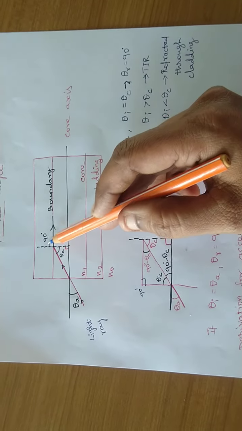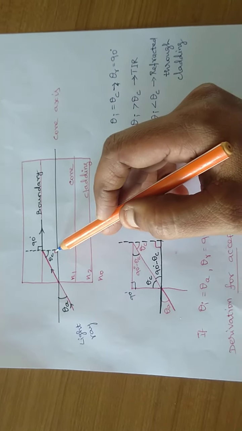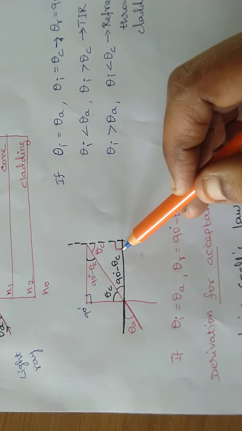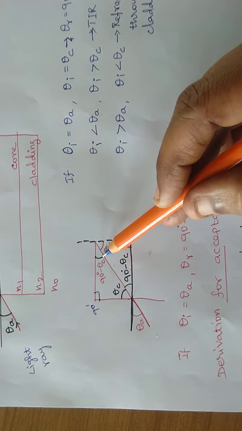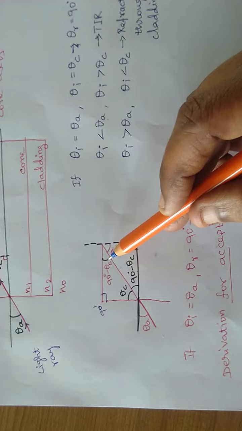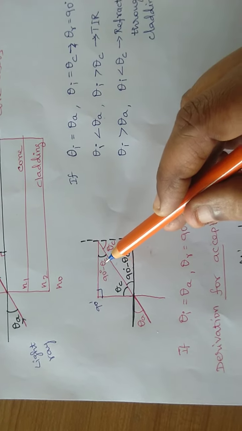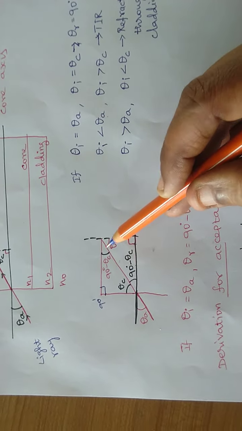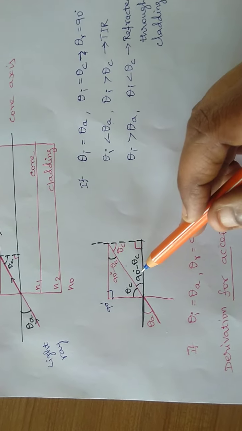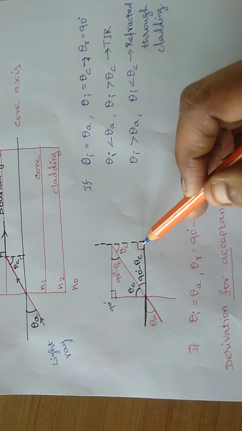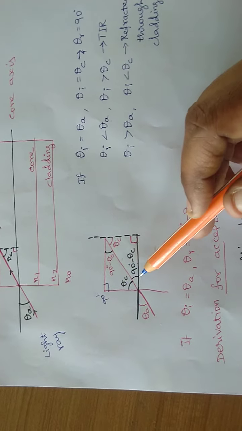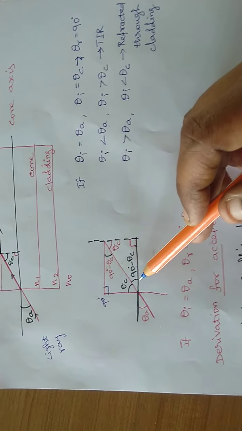So this one is 90 degrees, which means this is also 90 degrees. Looking at this diagram, this is 90 degrees minus theta c, because this is theta c and this is 90 degrees and the remaining will be 90 degrees minus theta c. And for this one, the opposite angle will be theta c, and here 90 degrees minus theta c. So this one will also be 90 degrees. From this we can write the angle of refraction value.